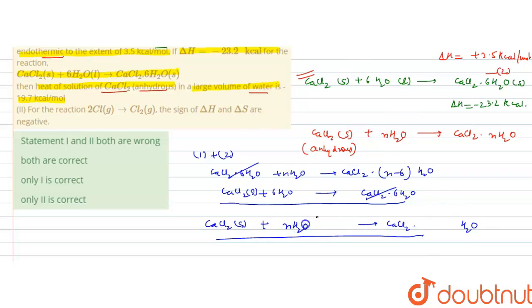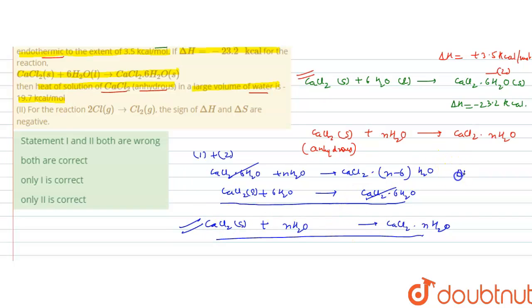So this is the heat of solution of anhydrous CaCl2 in a large volume of water. This is what we have to calculate.